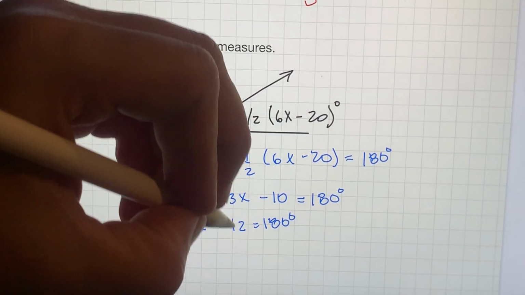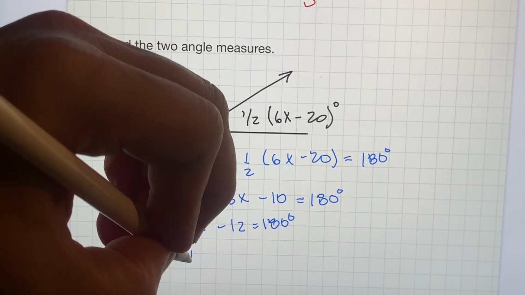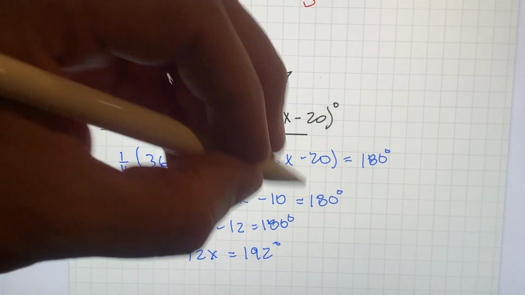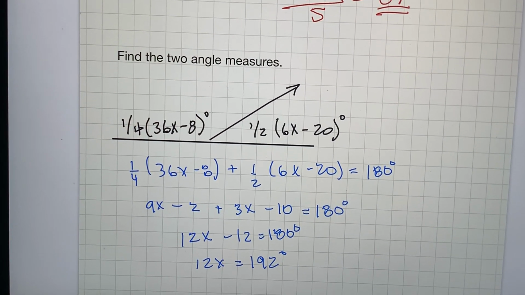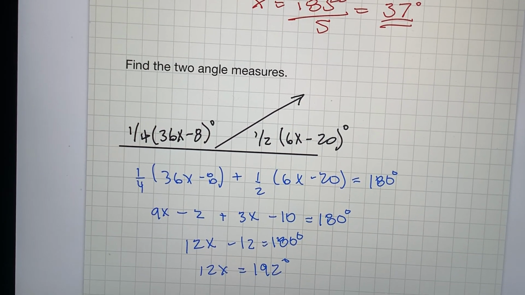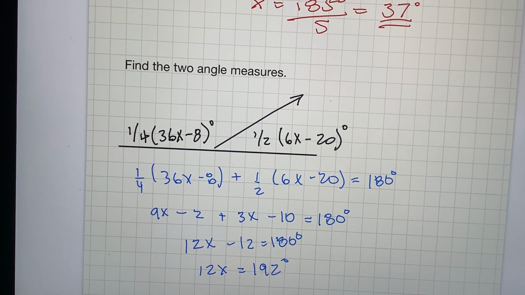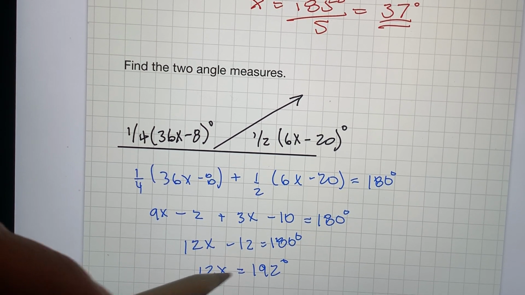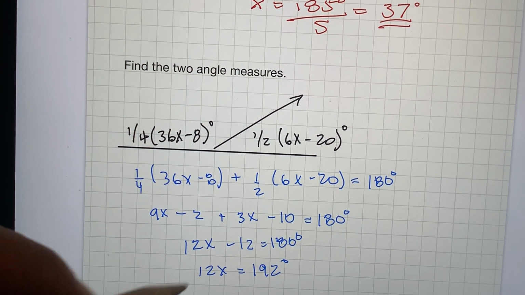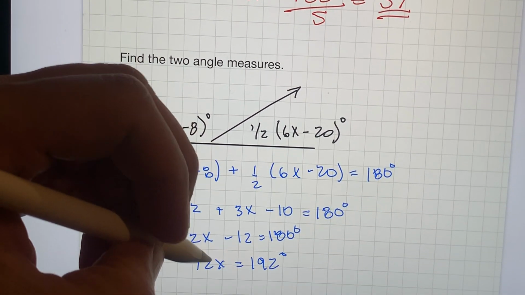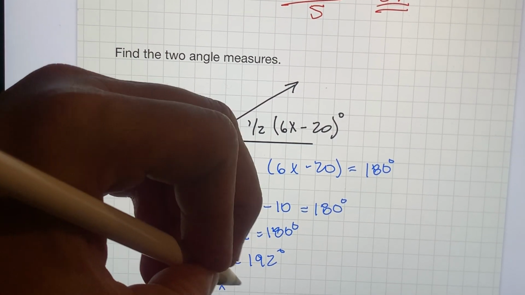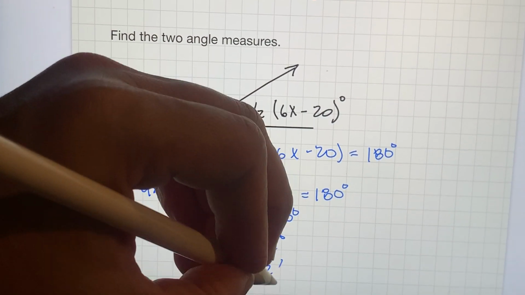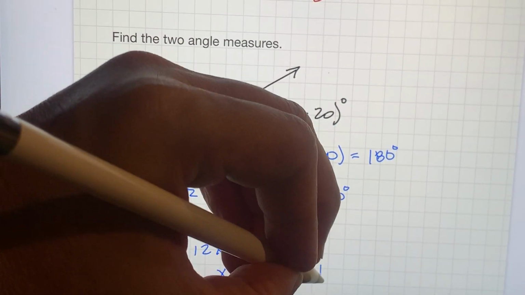Then I can move this negative 12 to the other side, and that would be 12x equals 192. It's 180 plus 12 is 192. Now, I can honestly say that x should be the same as 192 divided by 12, which should be 16.